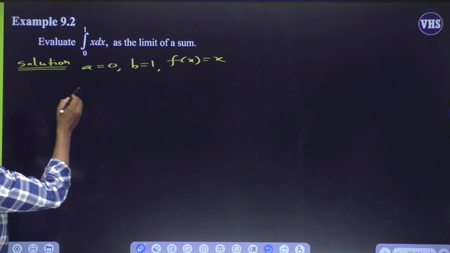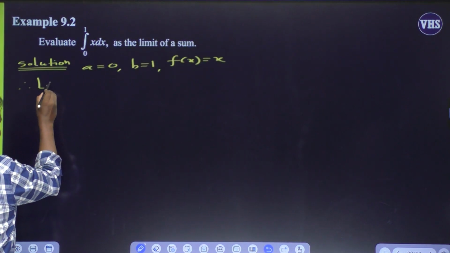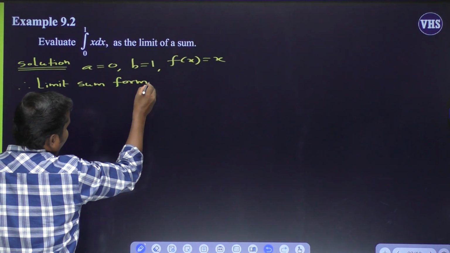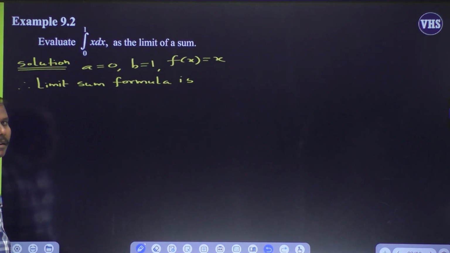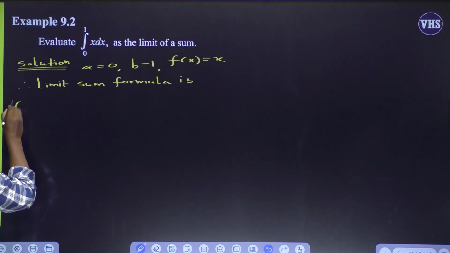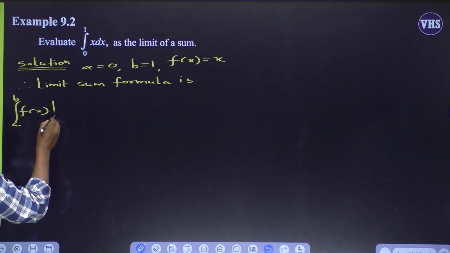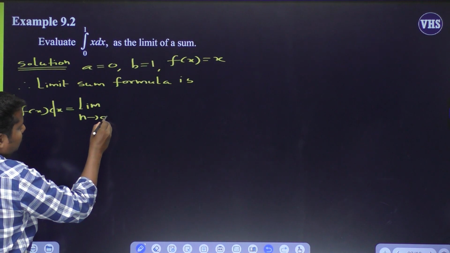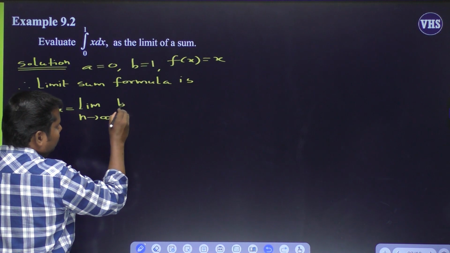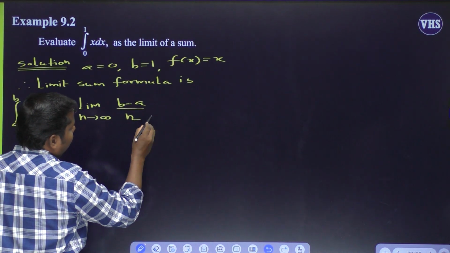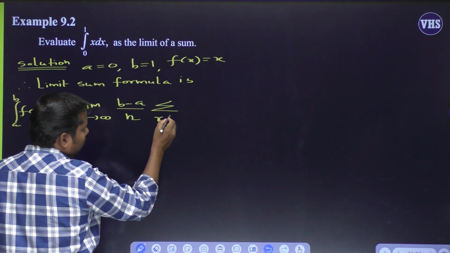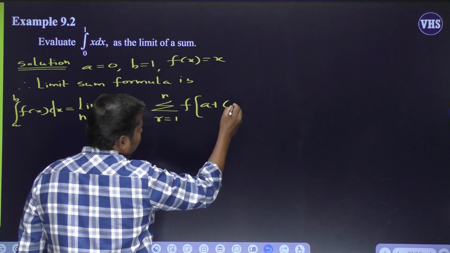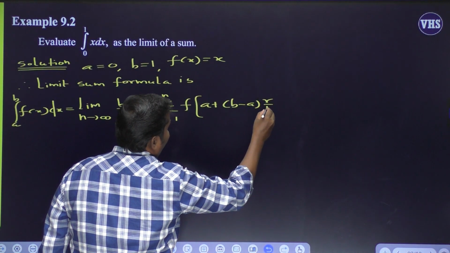Now let us write the limit sum formula. Therefore, the limit sum formula is integral a to b f of x dx equals limit n tending to infinity, b minus a by n, summation r ranges from 1 to n, f of a plus b minus a into r by n.